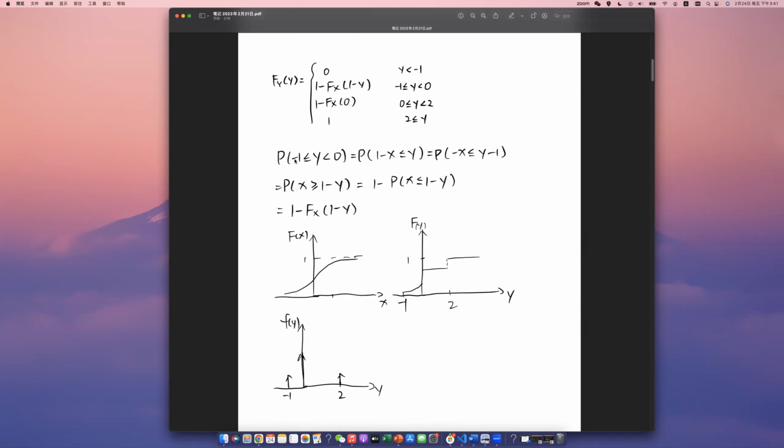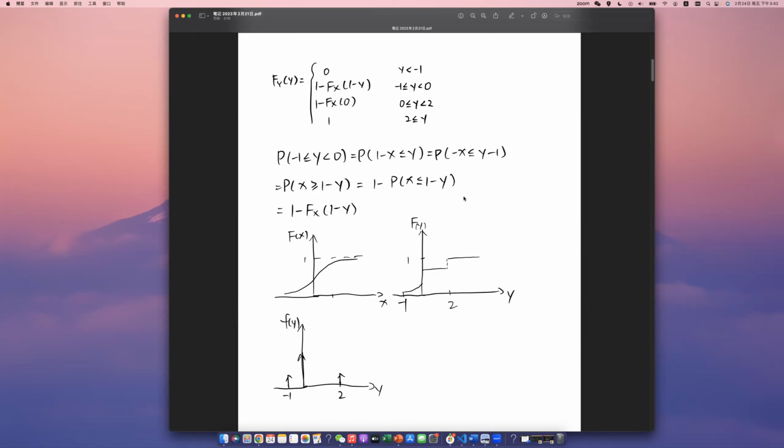Like the probability of y greater or equal to minus 1 and smaller than 0 is equal to the probability of 1 minus x smaller than y, which is the probability of x greater than 1 minus y.